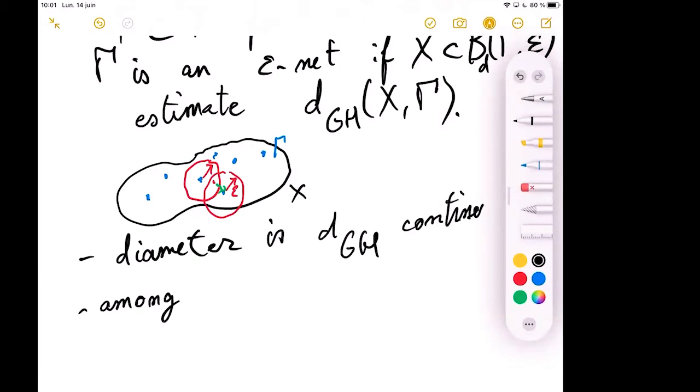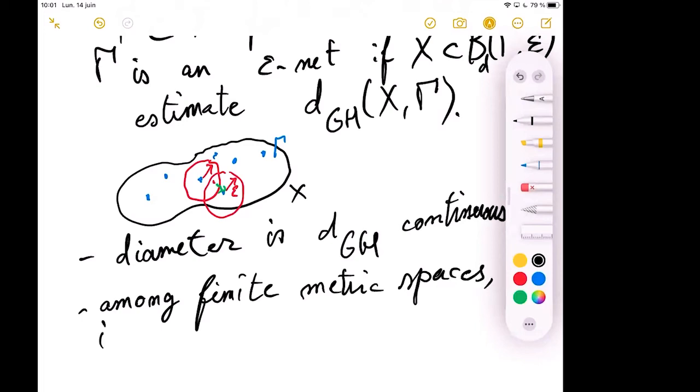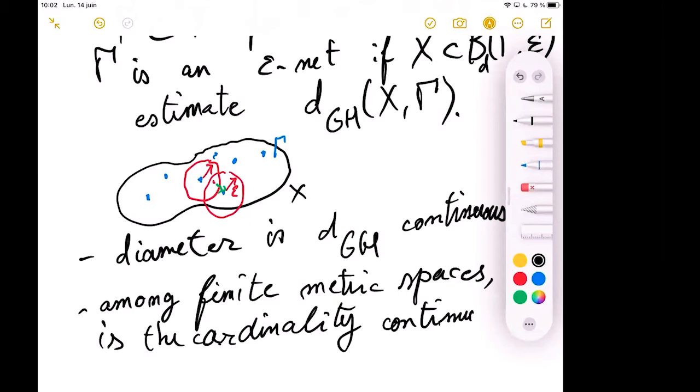Among finite metric spaces, which we have seen, is the cardinality, so the number of points, continuous? Okay, so if you want to get a hand on those things, you could think about that.